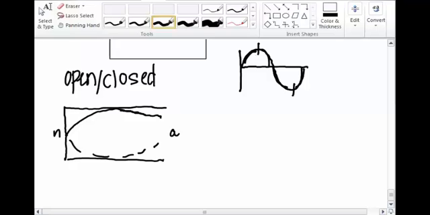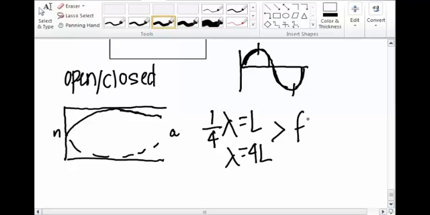Maybe 1/4? Maybe it's just this top part right here? Yeah? So 1/4 of a wavelength? So then my wavelength is now 4L, which would make my frequency equation V over 4L.